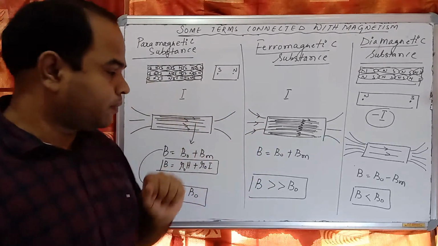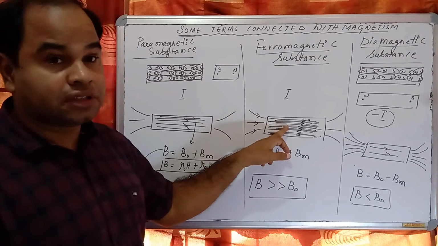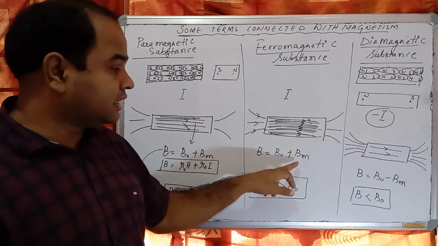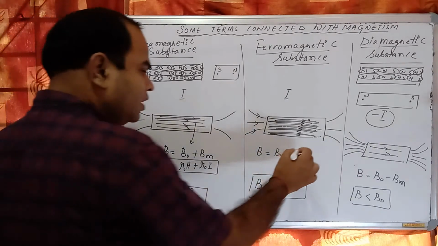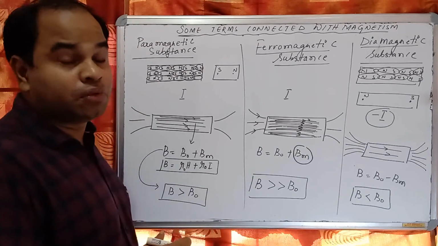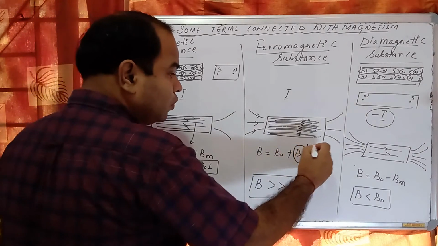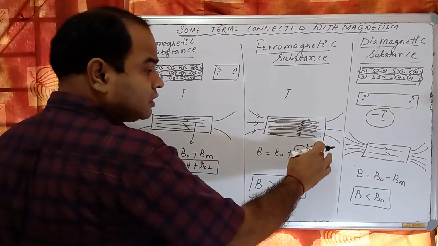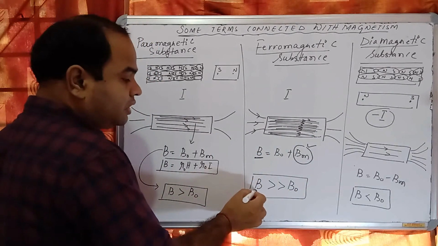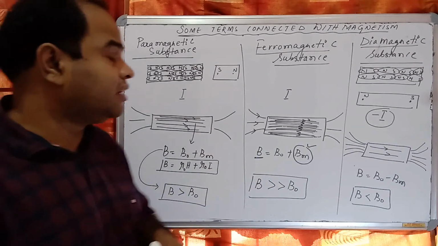B is equal to B naught plus Bm, the external plus internal, but Bm is much more, so B is much greater than B naught. Next is diamagnetic substance.